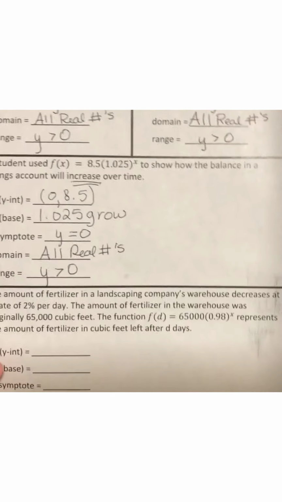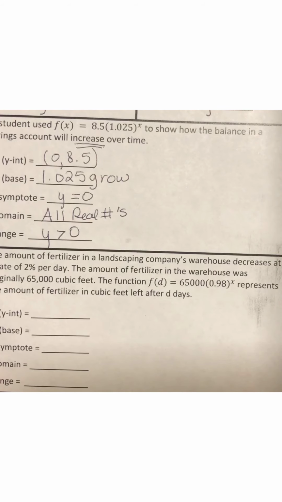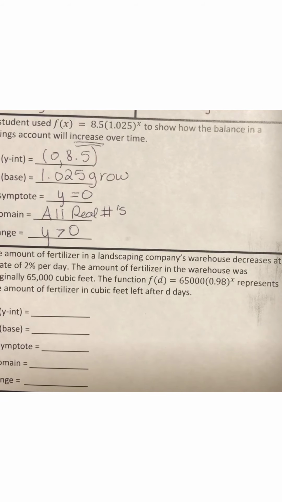Okay, last but not least, we have a word problem. The amount of fertilizer in a landscaping company's warehouse decreases at a rate of 2% per day. The amount of fertilizer in the warehouse was originally 65,000 cubic feet.